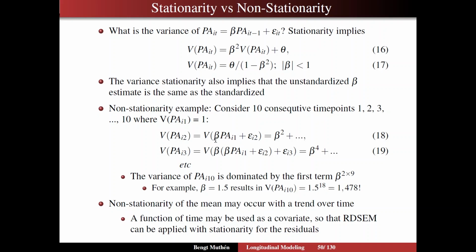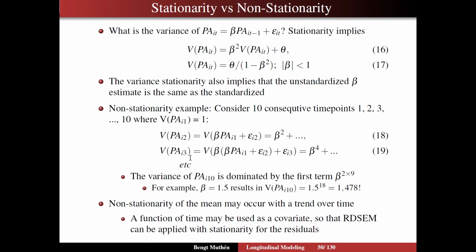And that will be the square of this, beta squared times the variance of time 1, which is 1, plus a residual term, which we assume is small enough here not to stack up against the beta term.